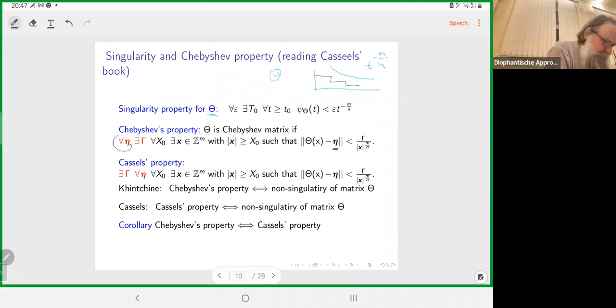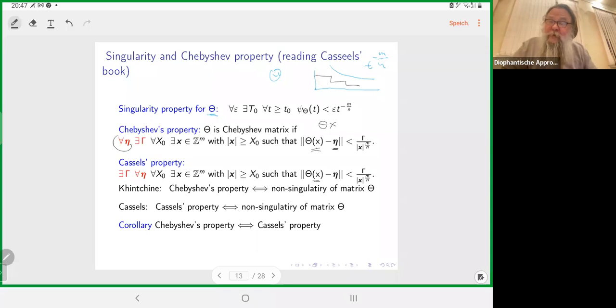Maybe I should not write these brackets here, I mean theta x here. So brackets here maybe not necessary. So for any eta, we have good approximations with respect to theta, and if theta satisfies this property, it is called Chebyshev's property. And Khintchine proved that Chebyshev's property is equivalent to non-singularity of the matrix theta.